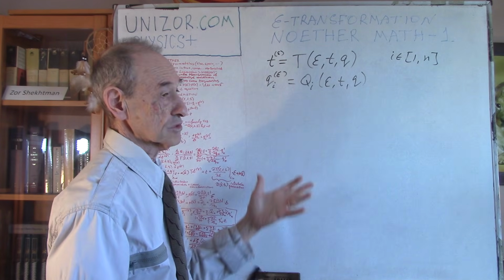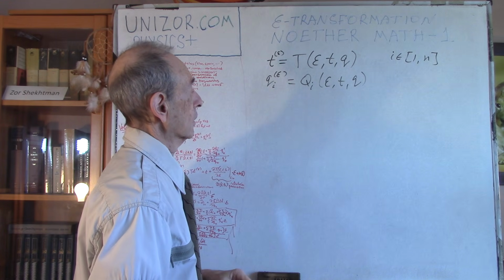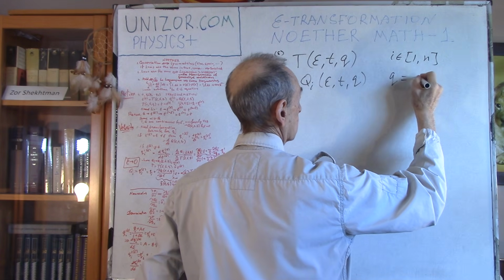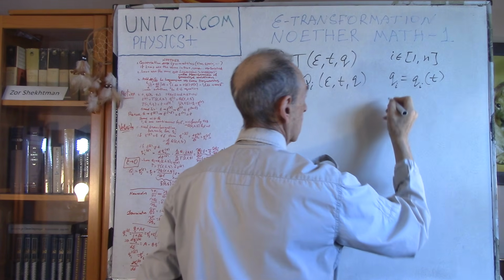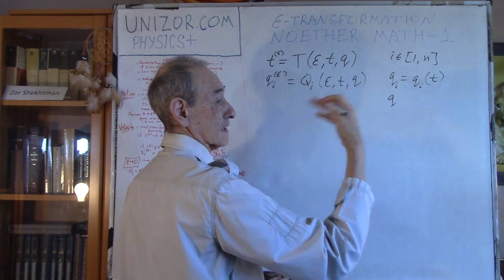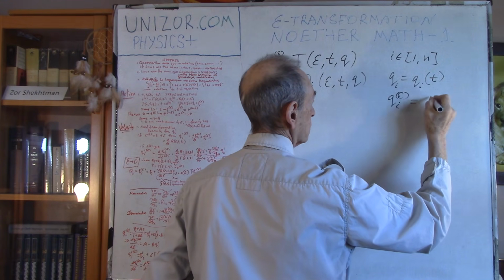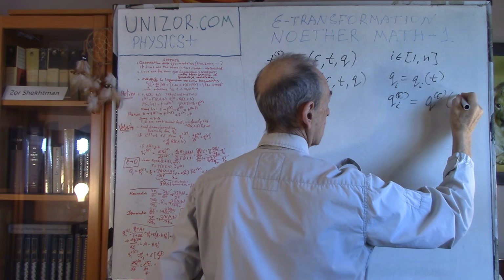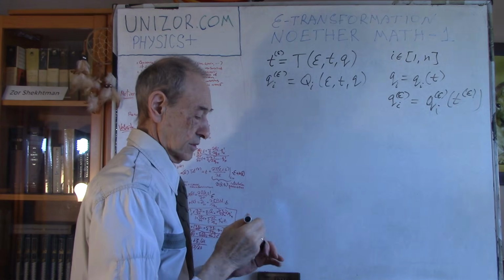Now, these are transformation functions, obviously. If in the past coordinates were functions of time, I mean each coordinate, then after our transformation is applied, the new coordinates would be functions of the new time. That's what's very important.